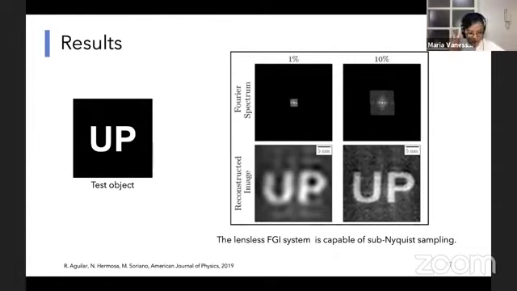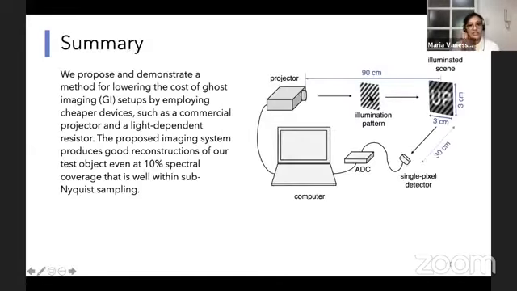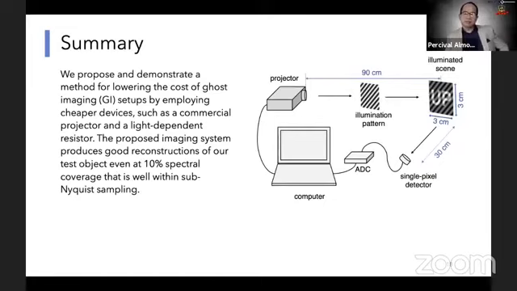My questions are mostly related to resolution. You showed that in your method you have a projector, and then you put a sinusoidal, I would say, film, which will act as your SLM. Does this regulate the resolution of your system, the resolution in terms of the smallest feature that can be resolved in your structure?